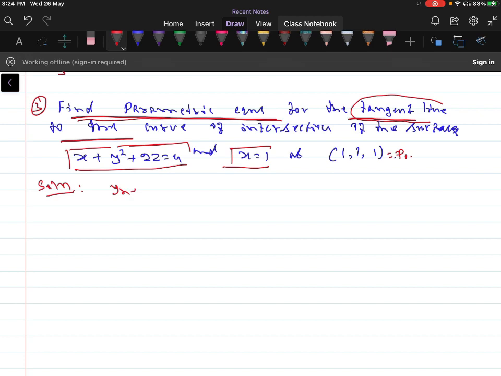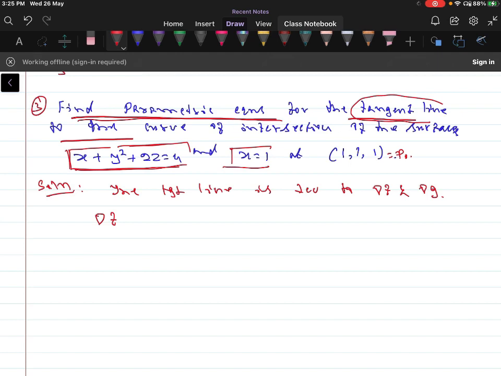The tangent line is perpendicular to the gradient of f and the gradient of g, where the gradient of f and the gradient of g can be obtained from the surface x plus y square plus 2z is equal to 4 and x equal to 1 respectively.